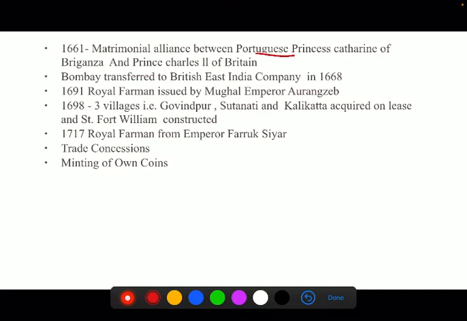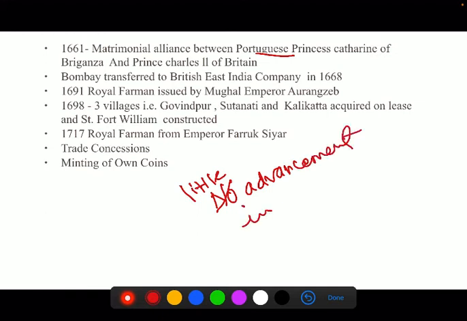I gave the reason: their merchants were not protected, they were dependent in growth, and there was no or little advancement in science and tech. Because of all these reasons, the Portuguese were becoming weak, and the British East India Company was giving them a tough fight.